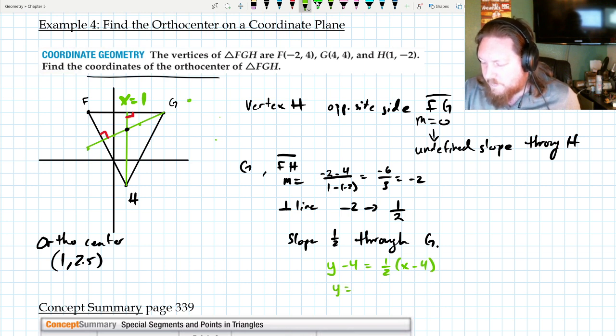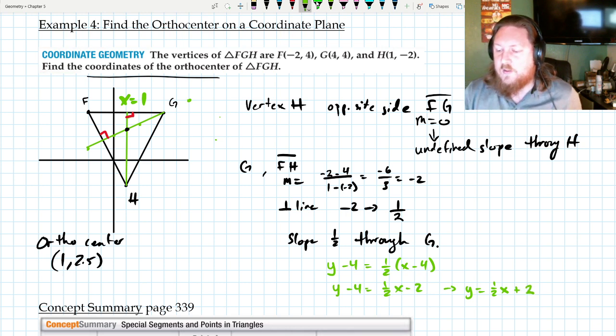So y minus 4 equals 1/2 x minus 2, add 4 to both sides, so I get y equals 1/2 x plus 2.